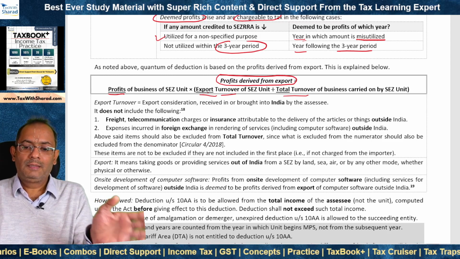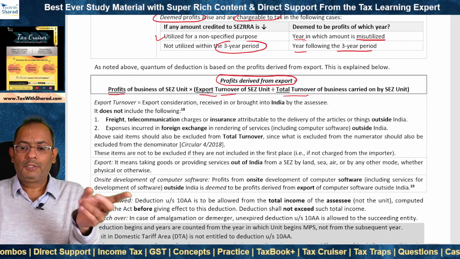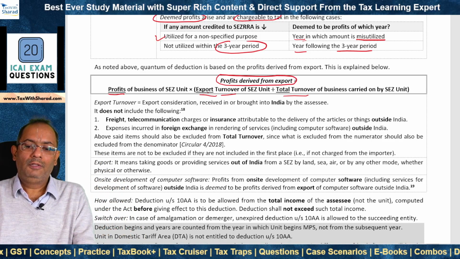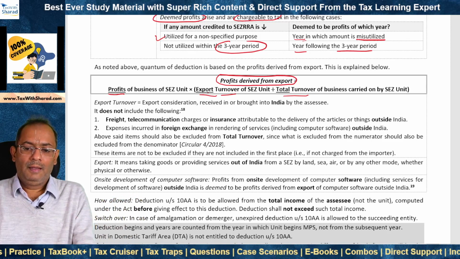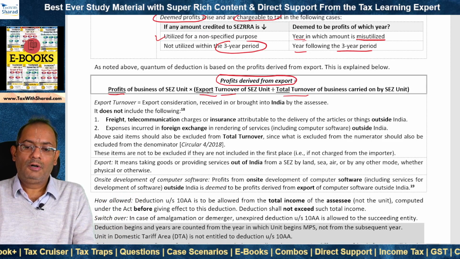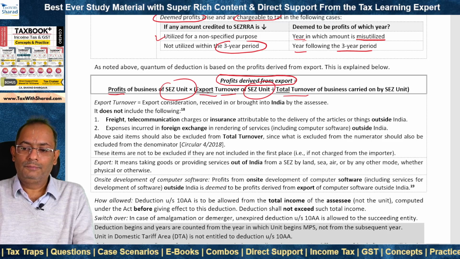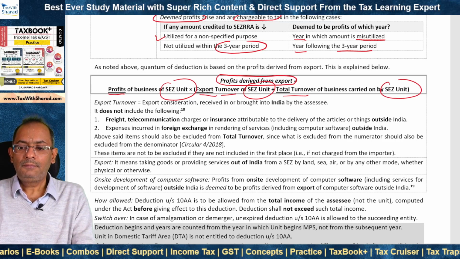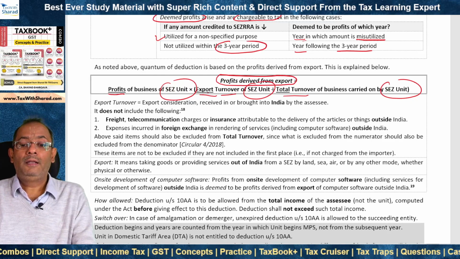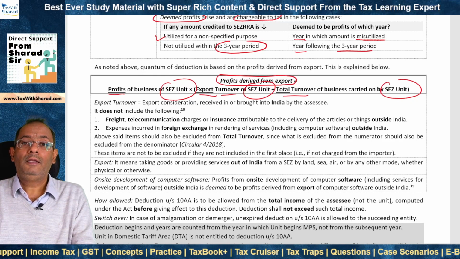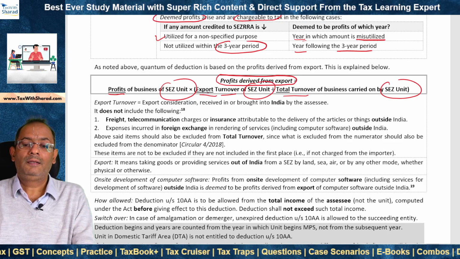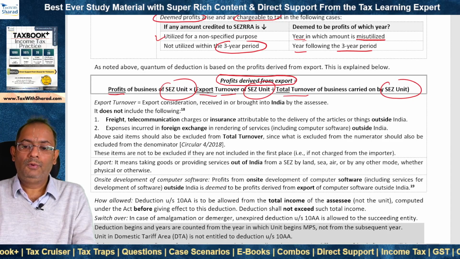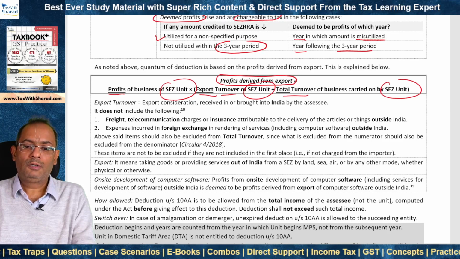So the profits of the business are apportioned in the ratio of export turnover to total turnover. All these amounts need to be computed in the context of the SEZ unit alone, not in respect of other units or other businesses of the assessee. The assessee may have a unit outside the SEZ, which is a DTA unit, referred to as a domestic tariff area unit. But for computing profits derived from export, we only need to take the amounts in the context of the SEZ unit.